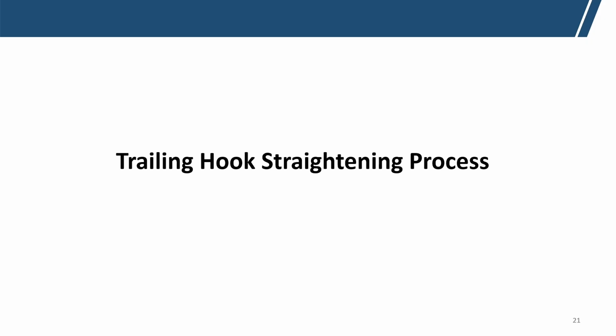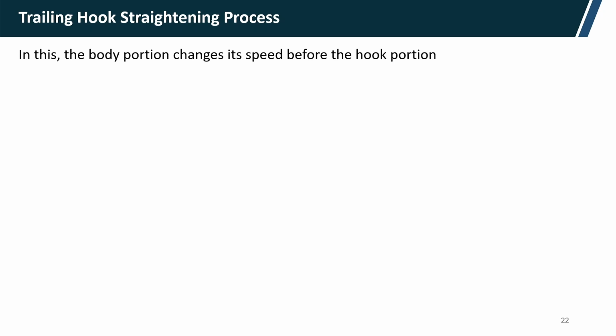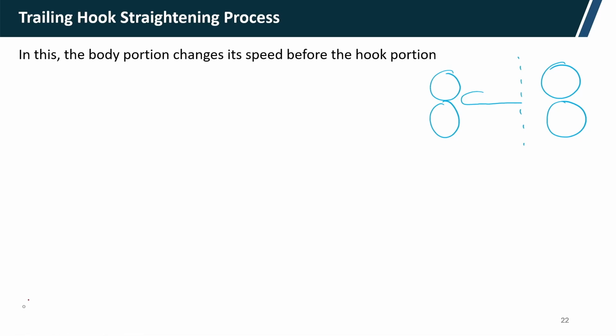Now, we will discuss the trailing hook straightening process. In this case, the body portion changes speed before the hook portion. Here is the hooked fiber.